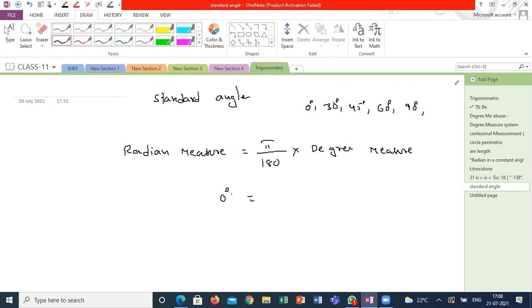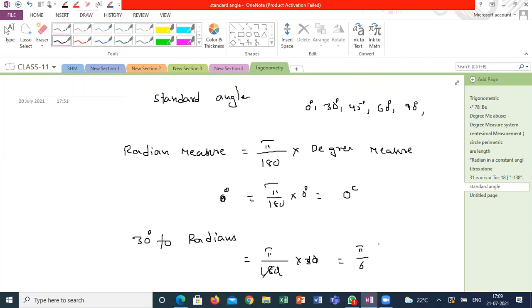If I am converting 0 degrees into radians, pi by 180 into 0 degrees is nothing but 0 radians. If I ask you to convert 30 degrees to radians, pi by 180 into 30 is pi by 6 radians.